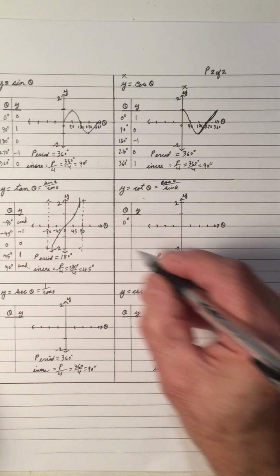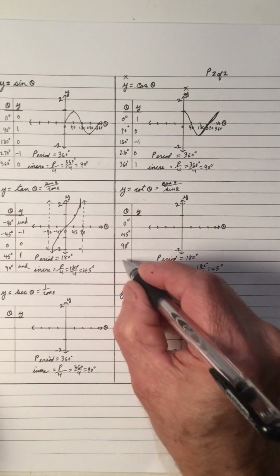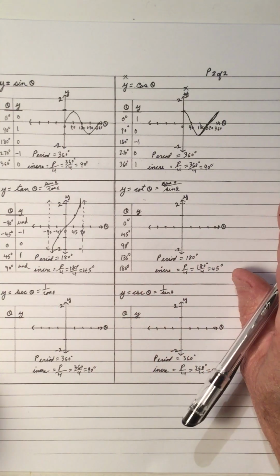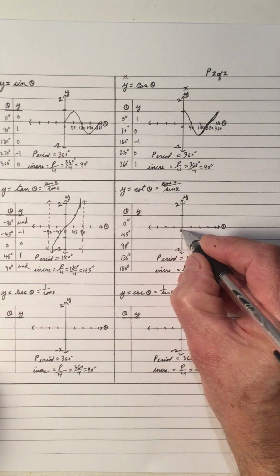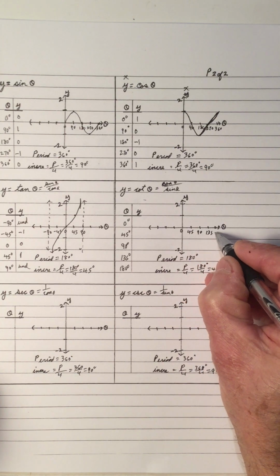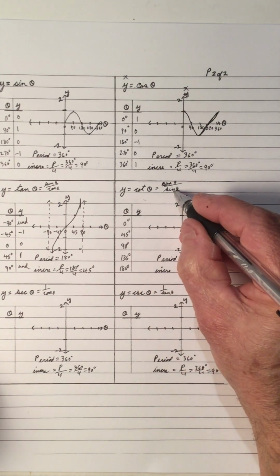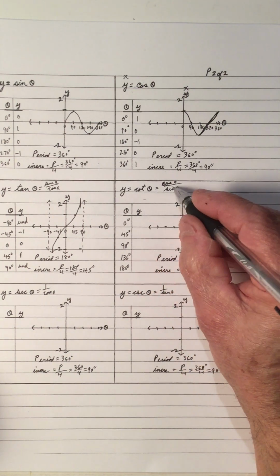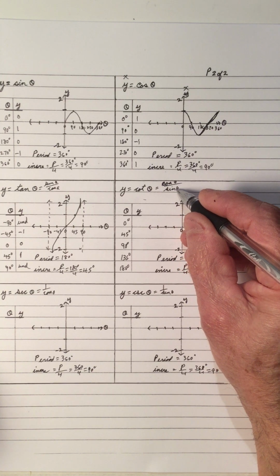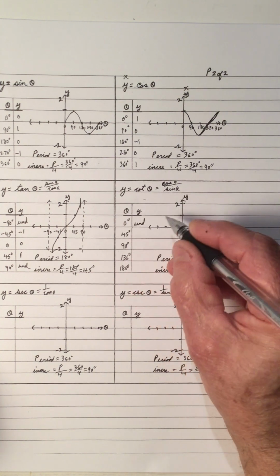The increments are 45, so it's 0, 45, 90, 135, and 180. The sine of 0 is 0 and the cos of 0 is 1, so cot is 1 over 0, which is undefined at 0.